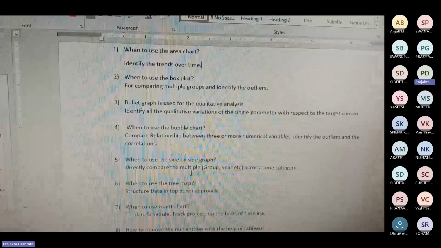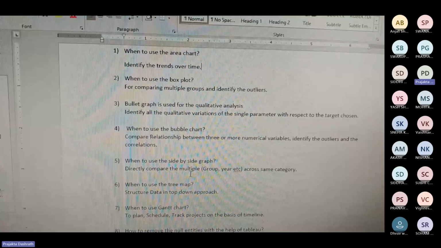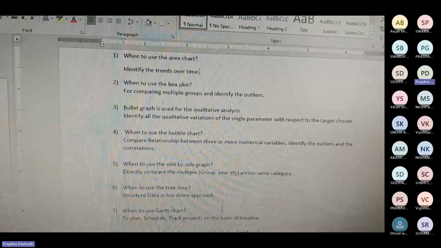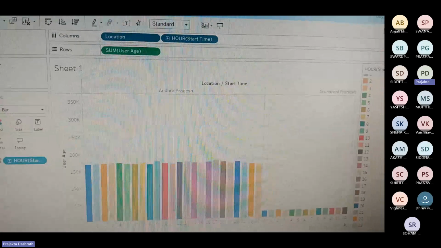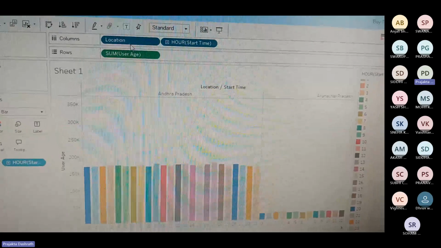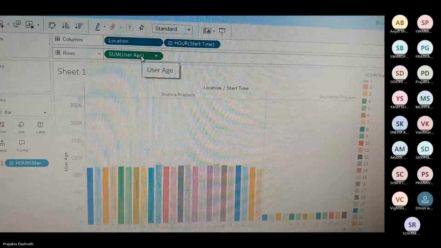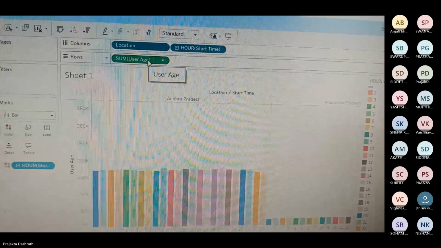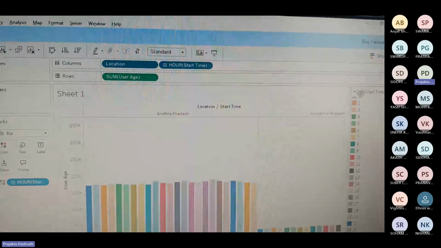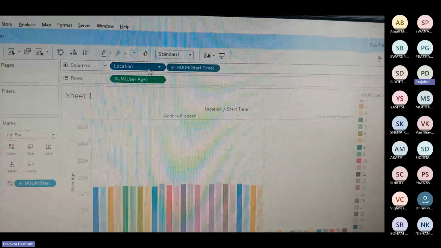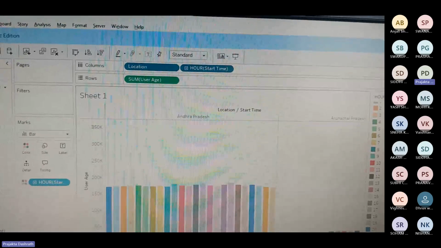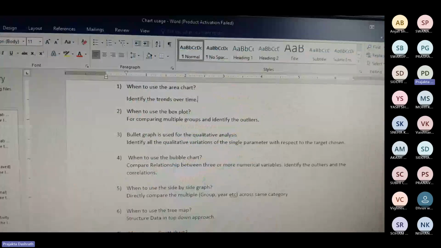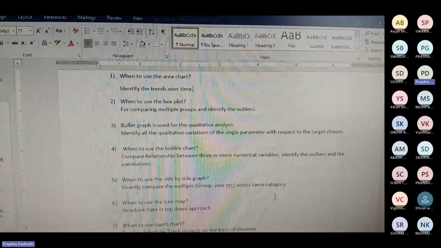Side by side graph compares multiple things across the same category. Start time is the same category, and the multiple things are location and age. The base in my case will be start time, and I am comparing the start time with respect to location and age. That's why in my case, the suitable chart is the side by side bar graph.